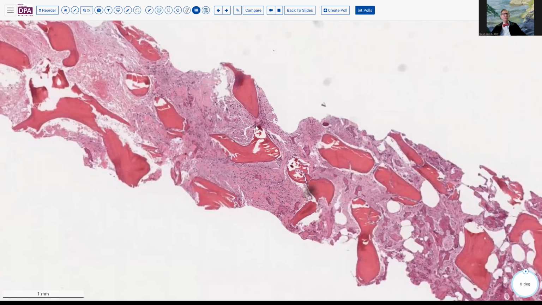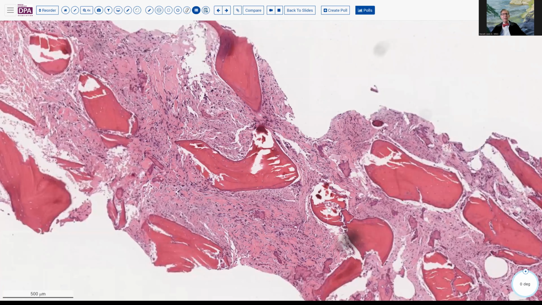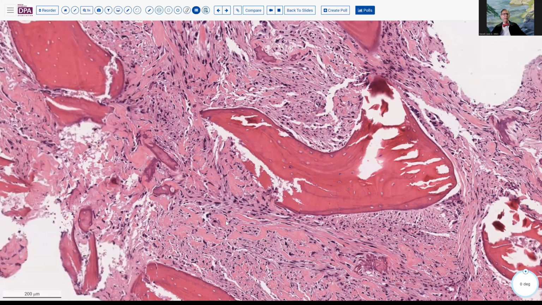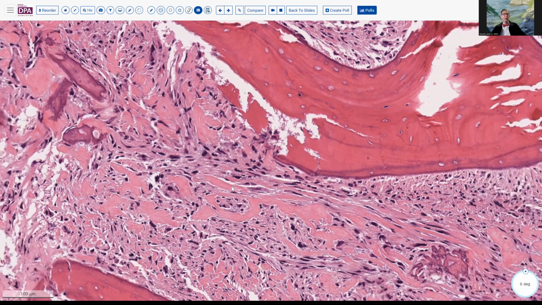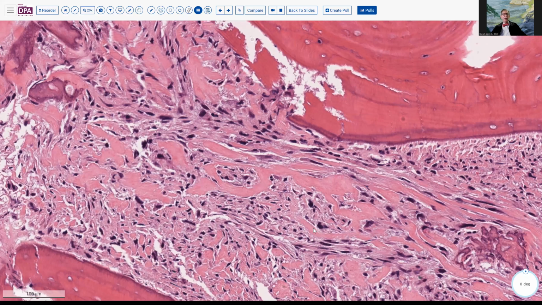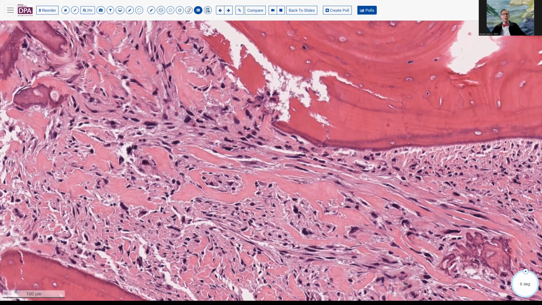As we look at this lesion, we can begin to see that this marrow space is occupied by a mixture of fibrous tissue and what appear to be some calcified, bony-like trabeculae in here. And here's even an area where you have less mature bone formation, not fully mineralized, but sort of an osteoid type of appearance, with the associated mild degree of atypia that you see here in some of these areas.